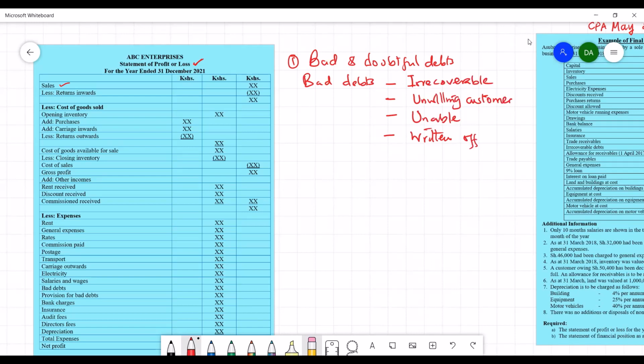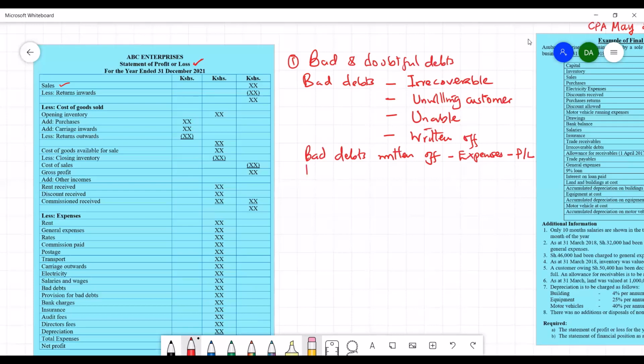So they are written off. When bad debts are written off, they are reported as expenses in the statement of profit or loss. The bad debts written off are also netted from receivables in the statement of financial position.